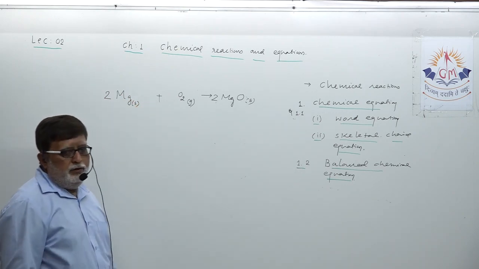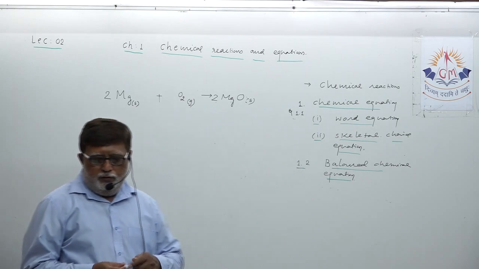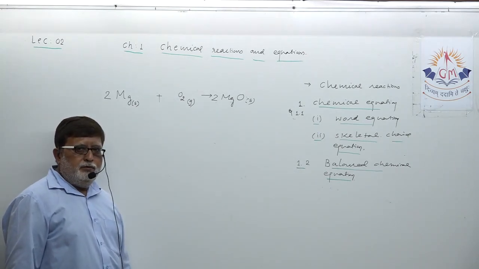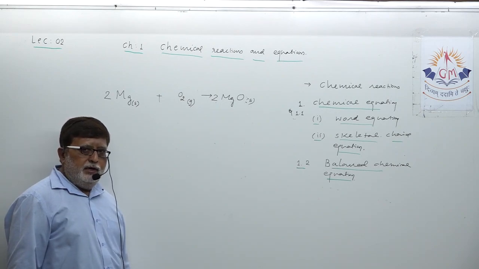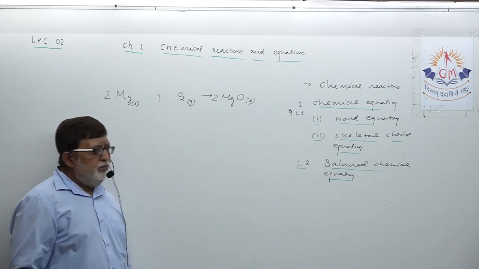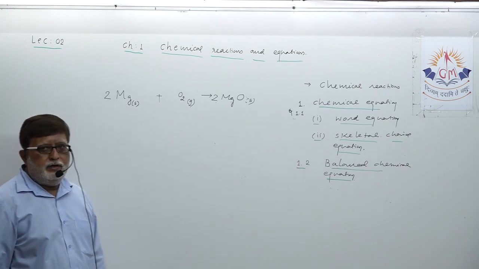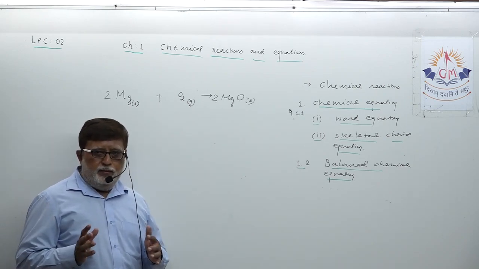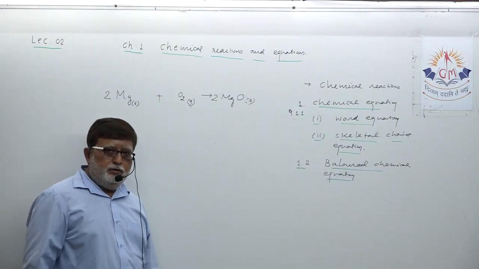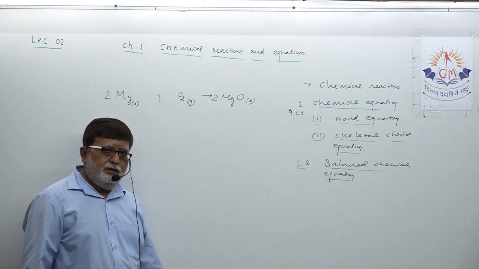Now you can see, dear student, on both sides of the equation, magnesium atoms are balanced: 2 on the left hand side, 2 on the right hand side. Oxygen atoms are balanced too: 2 on the left, 2 on the right.